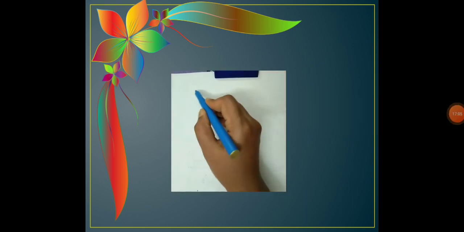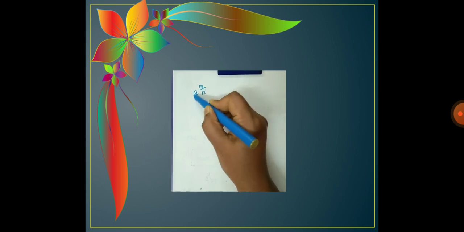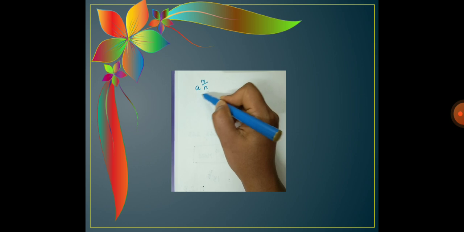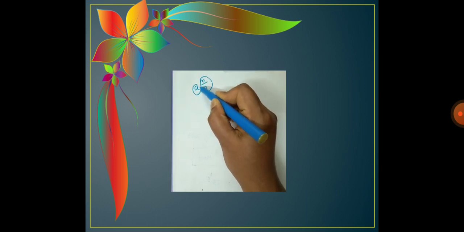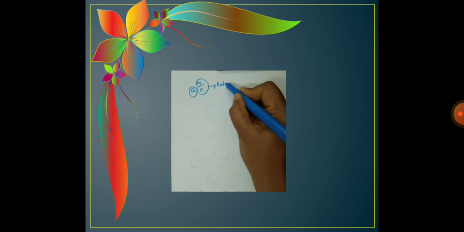Next we are going to see the rational form with the index m by n. A raised to the power m by n. This is the index, this is the base. Is it clear? This index is a rational number.